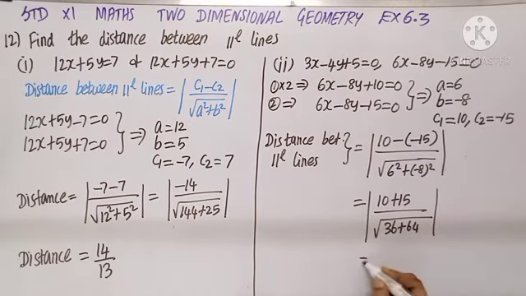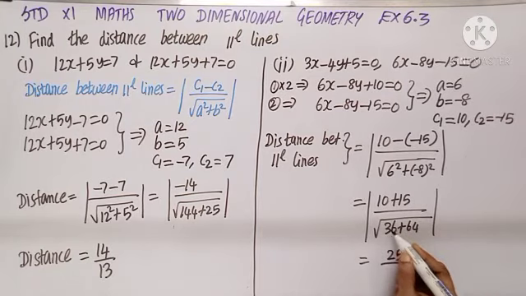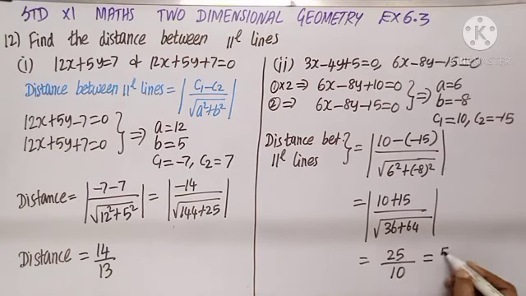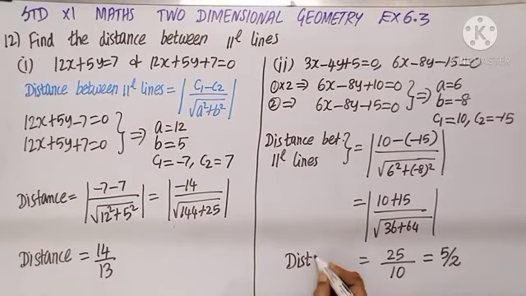That is 25 divided by root of 64 plus 36, which is 100, and the square root is 10. Cancelling, I get 5 by 2. So the required distance equals 5 by 2.